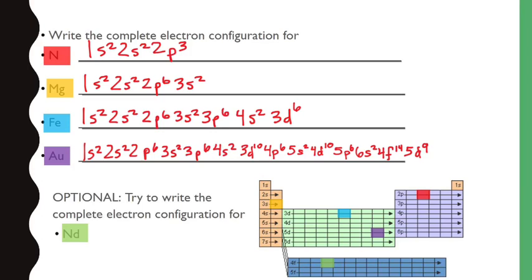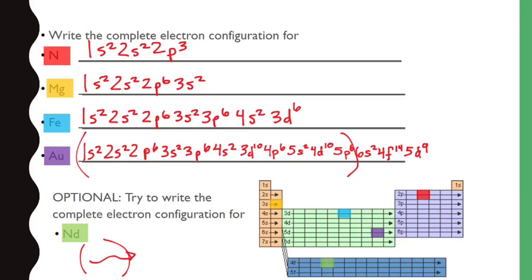Now, I know I say optional, complete ND's configuration. Really, it's going to be basically the same as gold's until we get through that kind of 6th energy level there, because ND is down here in the F's, and a lot of people think that that's even harder because it's the F block, but we already went through the F's.